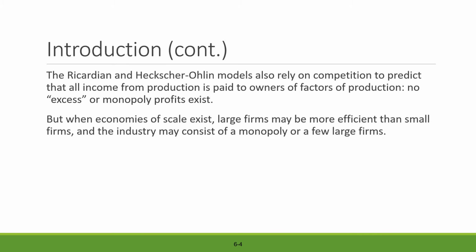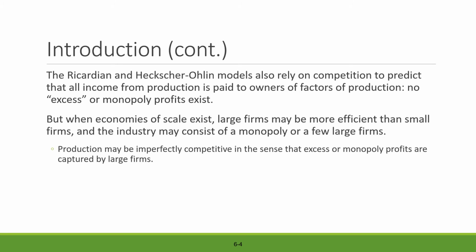But if we assume it out and we say that we have increasing return to scale, then again we will have imperfect market as well. The presence of monopoly in such cases is not unusual. Production may be imperfectly competitive in the sense that excess or monopoly profits are captured by firms.